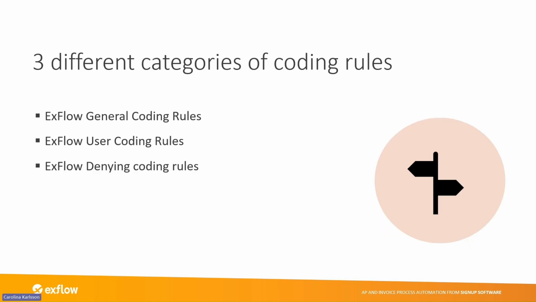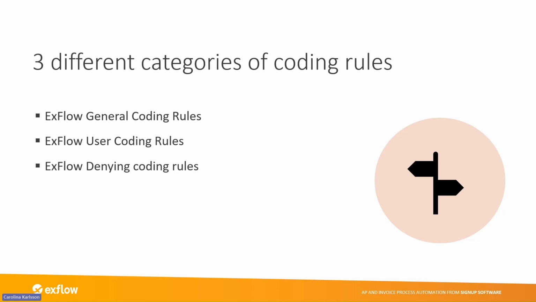So the 3 different categories then. First, you have the ExFlow general coding rules. These are rarely touched, like these are the basics. However, use the other 2 instead, don't use those, because with the user coding rules, for example, you can set filters for things like GL accounts, dimensions, and so on.